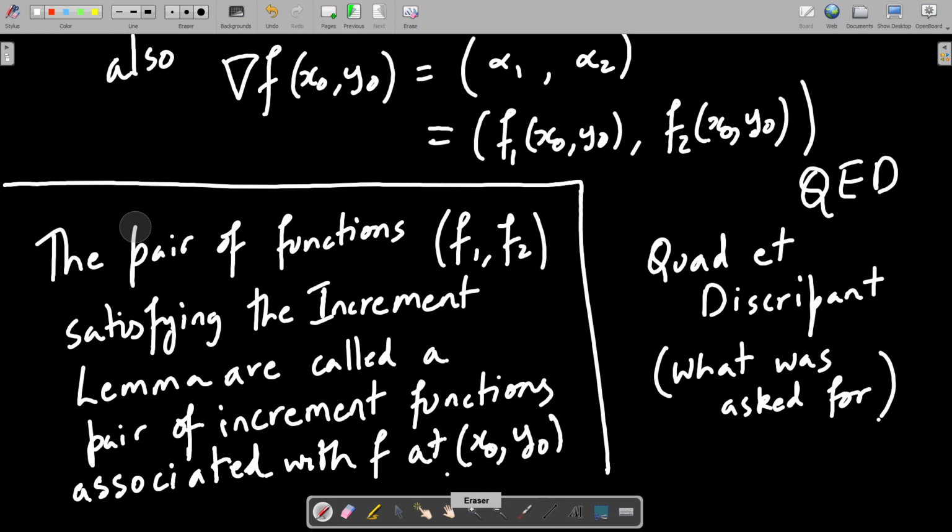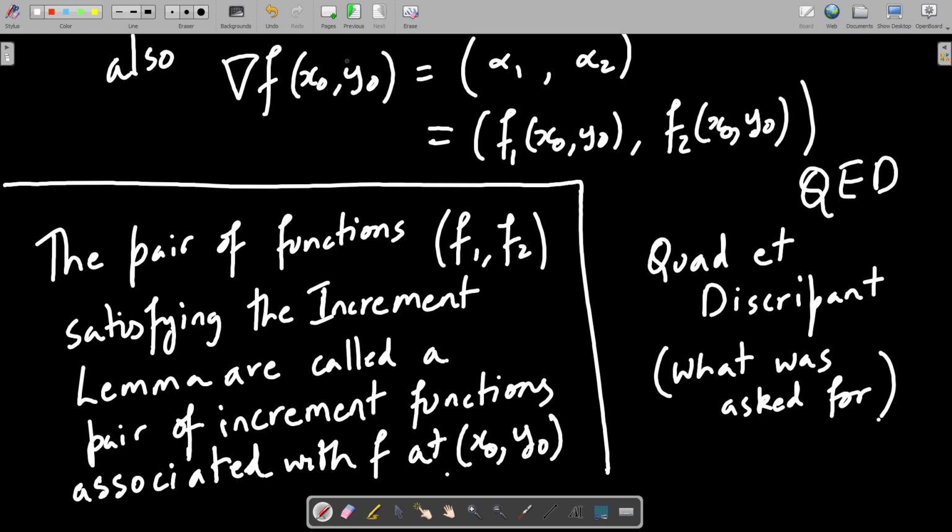If you change the point, the functions might change. The increment functions might change if you change the point (x naught, y naught), because if you notice, f1 and f2 were constructed using these things.